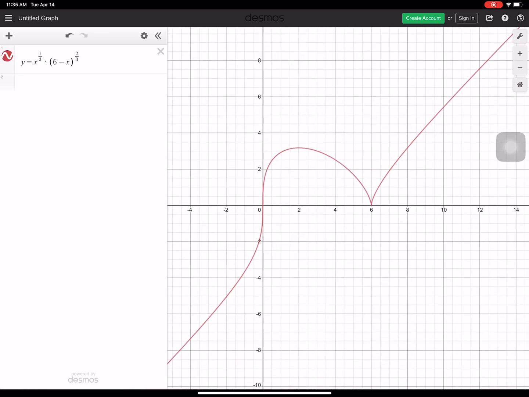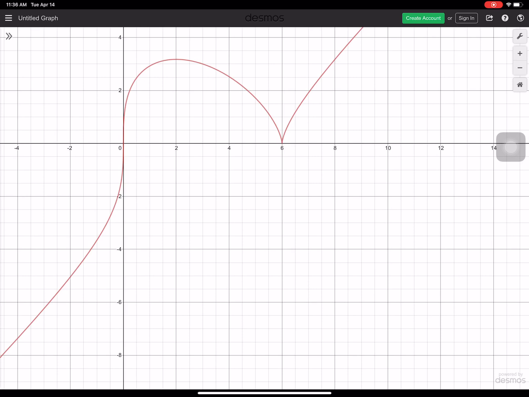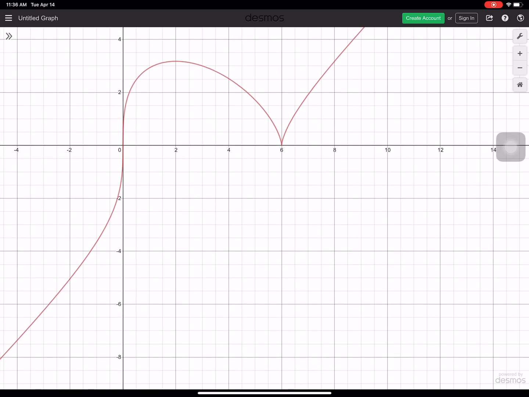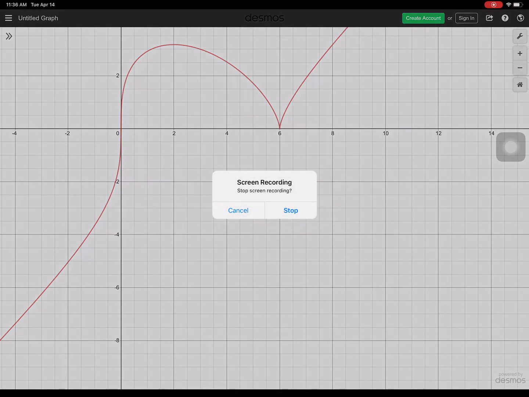So you can see that there's this funny shape to the graph. Now it looks like we might have made a mistake because on the left of 0 it's concave up, then it goes concave down, and then it goes concave down. So something went wrong here.